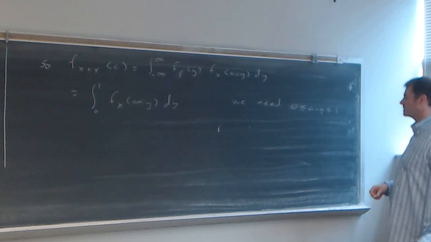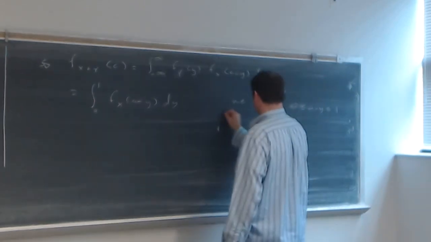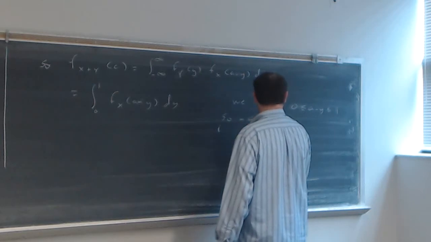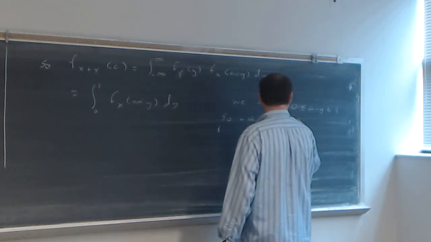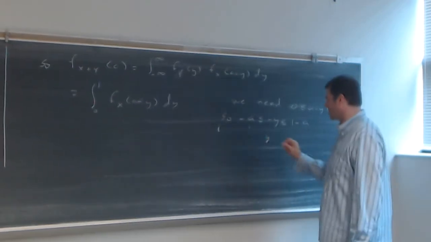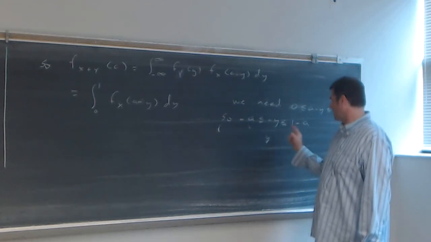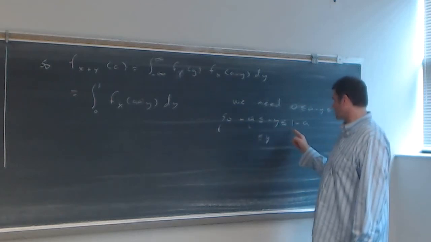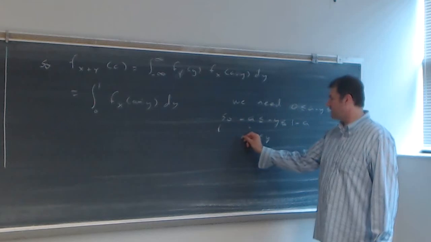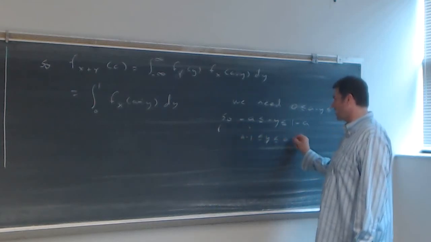Let us solve here for y. So I'm going to subtract a from both sides. So minus a is less than or equal to minus y is less than or equal to 1 minus a. And then to solve for y, I am going to multiply everything by minus 1. So here, I've switched the directions of the inequality. This is a minus 1 is less than y is less than or equal to a.